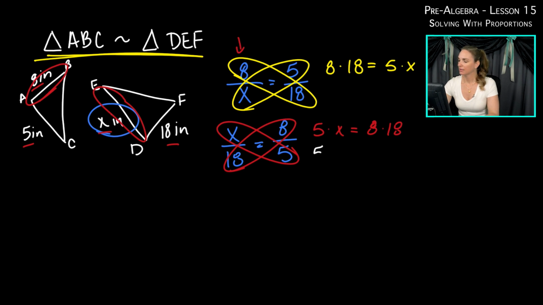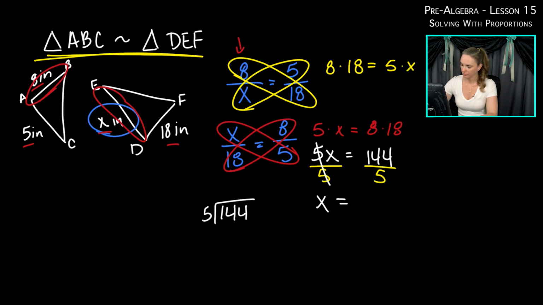So 5x equals 8 times 18, which is 144. Next, I'm going to divide both sides by 5. And so x is left on this side. And x equals, so now we're doing 144 divided by 5.